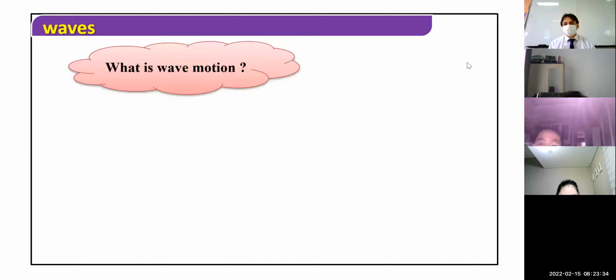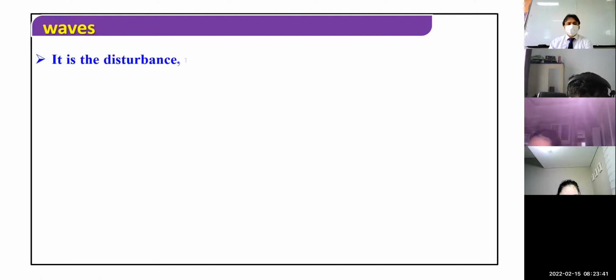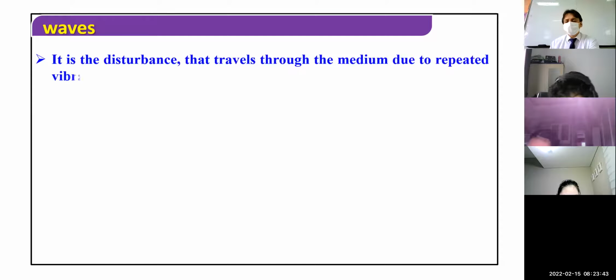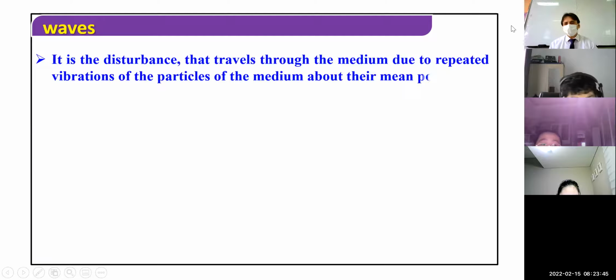Now, children, one more thing. What is a wave motion now? If someone asks you what you mean by a wave motion, wave motion is the disturbance that travels through the medium. In this case, water is the medium. Sound is traveling in air, air is the medium. So the disturbance that travels through the medium is due to repeated vibration of the particles of the medium about their mean positions.